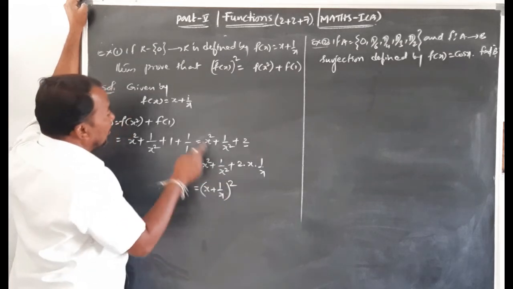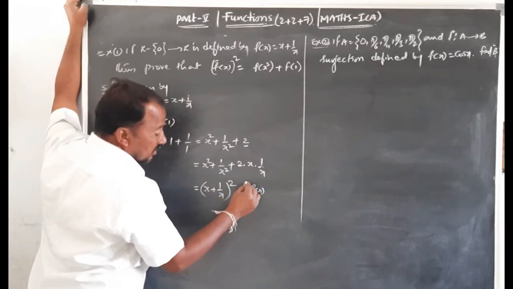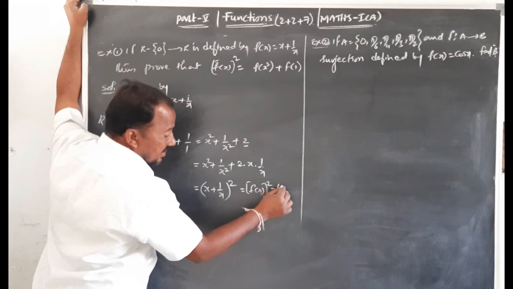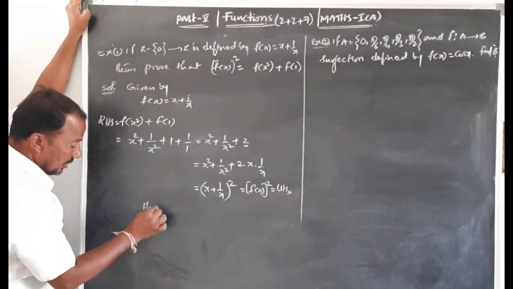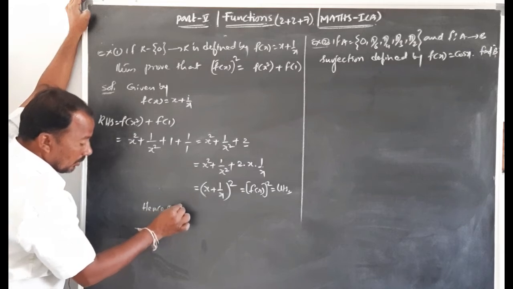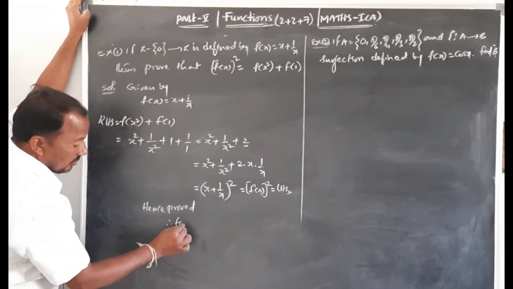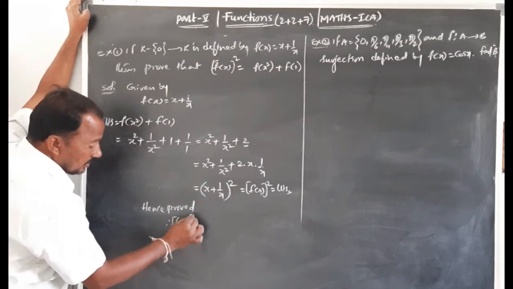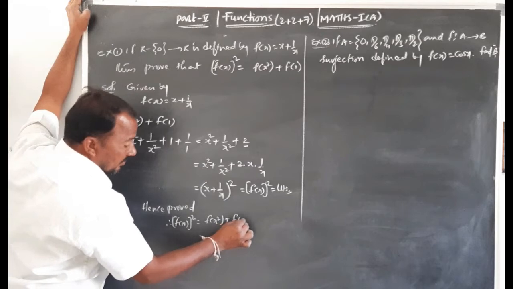Here x plus 1 by x is f of x, whole square. It is the LHS, hence proved. Therefore, (f of x) whole square equals f of x square plus f of 1.